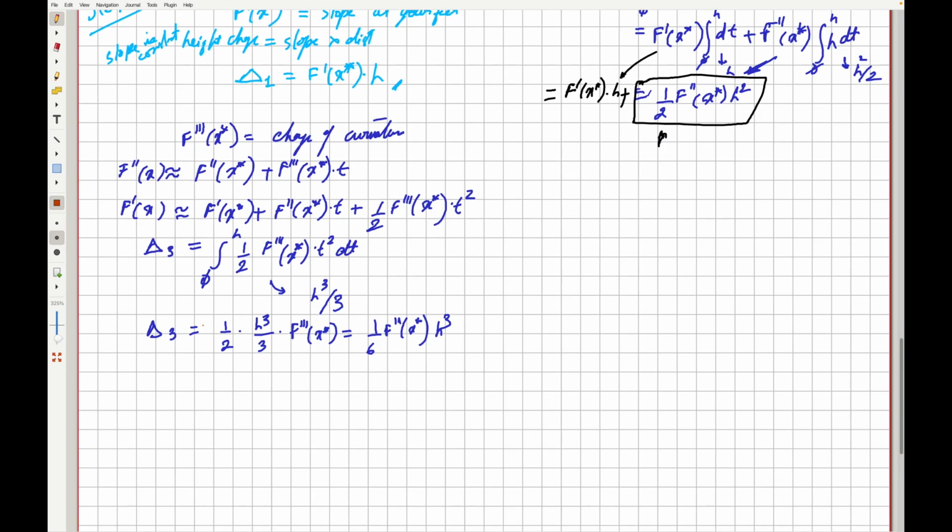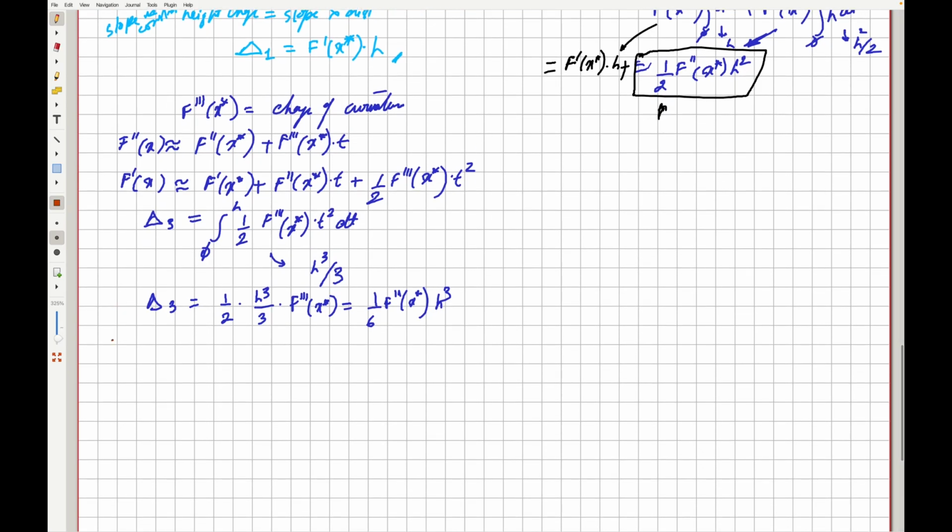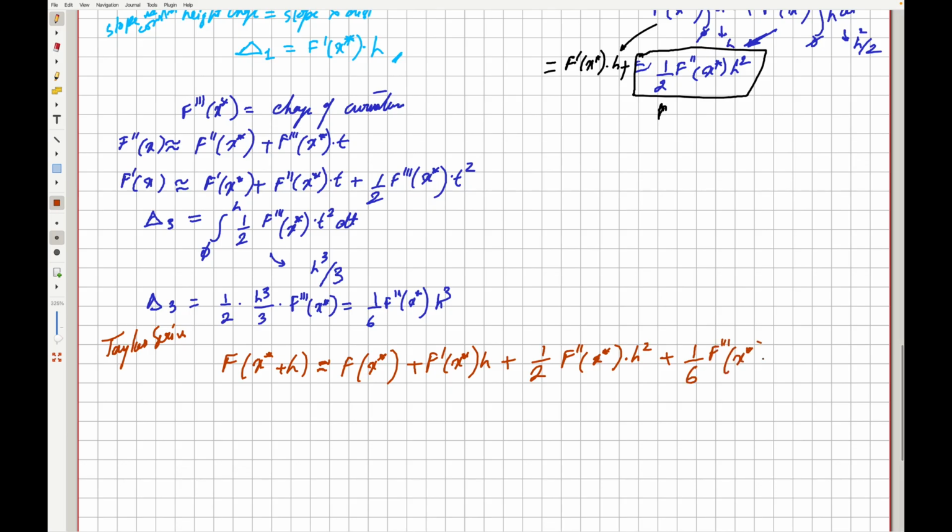Thus the full Taylor series, when we combine all the terms, can be written as f of x star plus h is approximately equal to f of x star plus f dash x star times h plus 1 half f double prime x star times h squared plus 1/6 f triple prime x star times h cubed and so on.